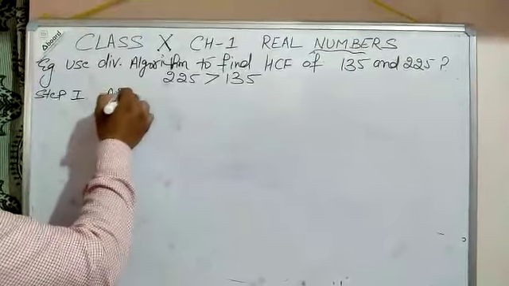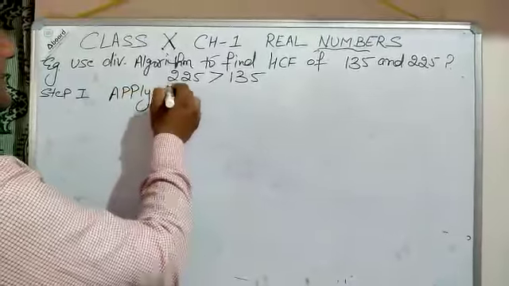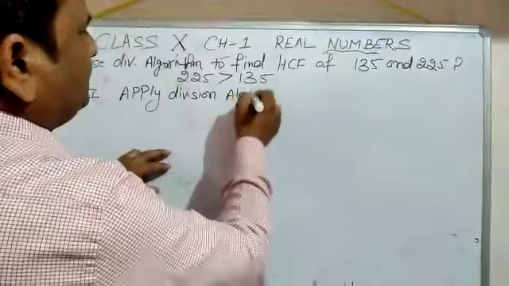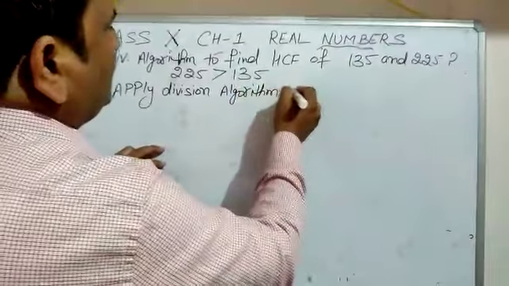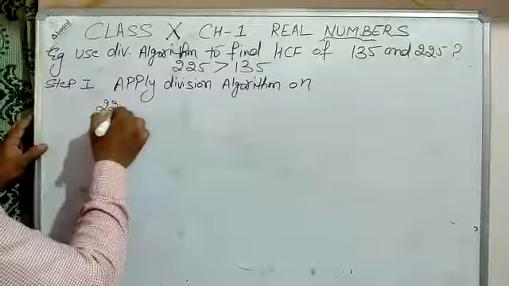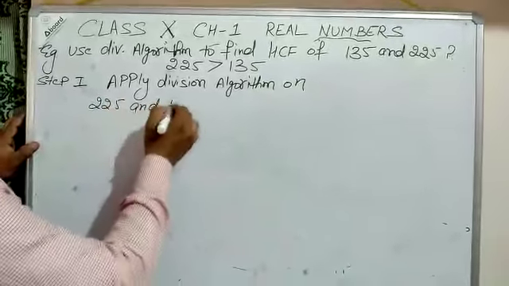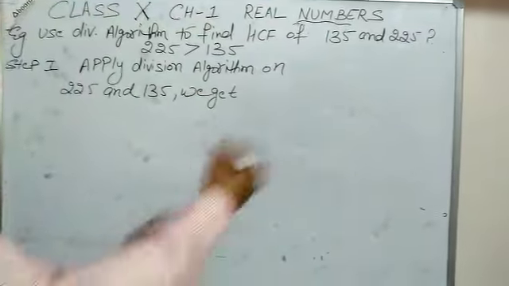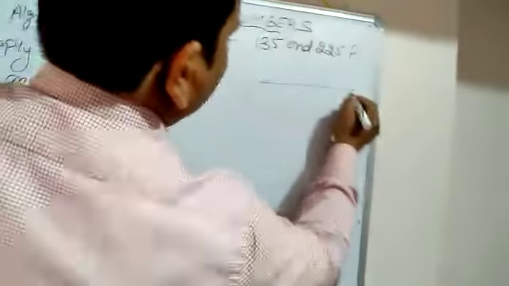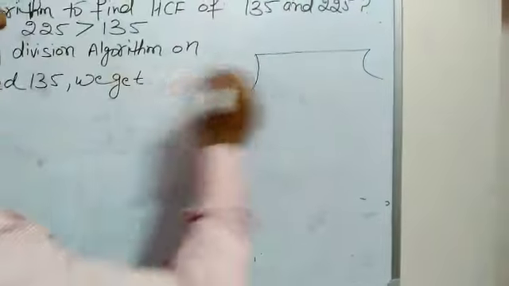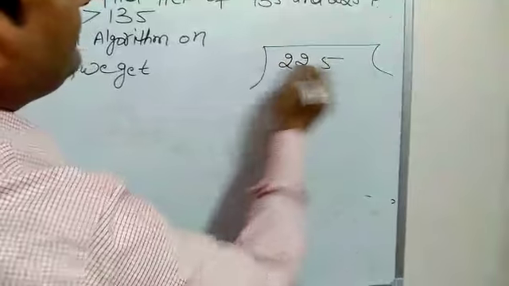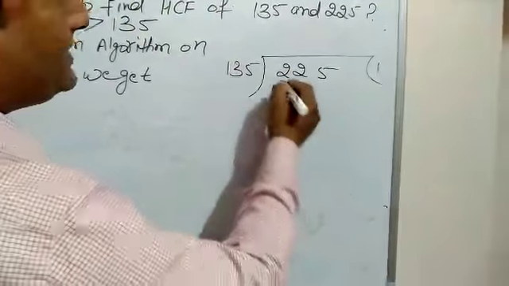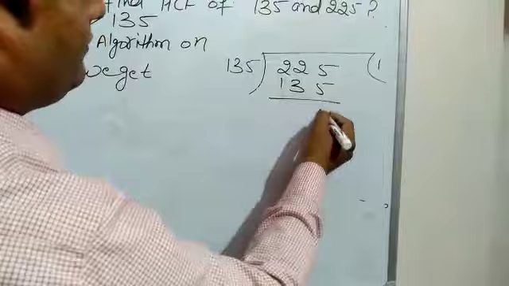Apply the division algorithm on 225 and 135. Let us divide 225, the largest number, by the smaller number 135. 135 ones are 135 and we are left with 0.